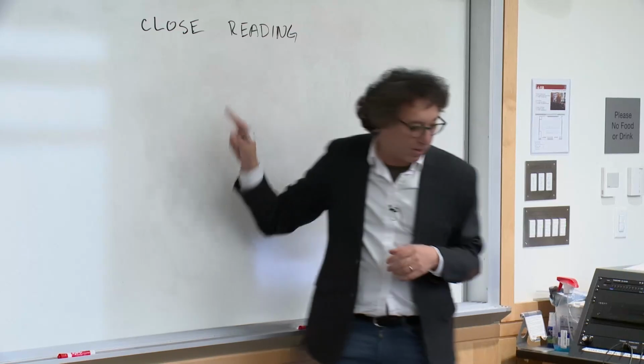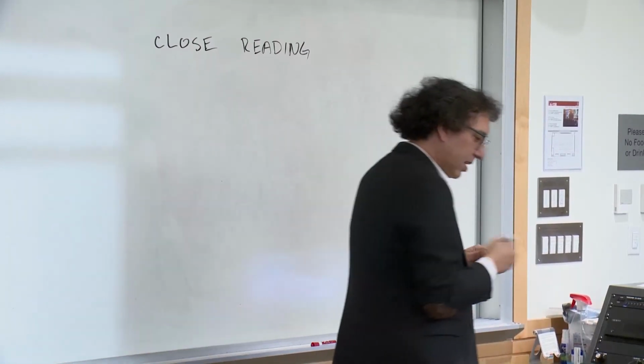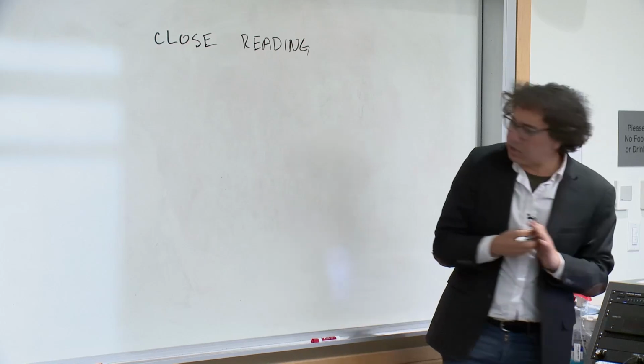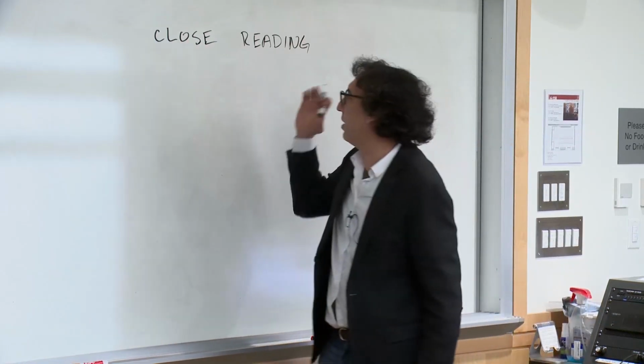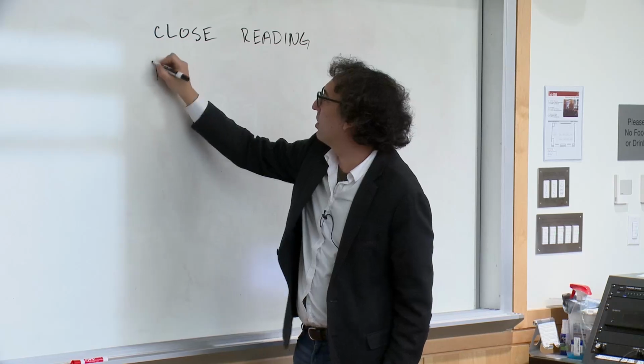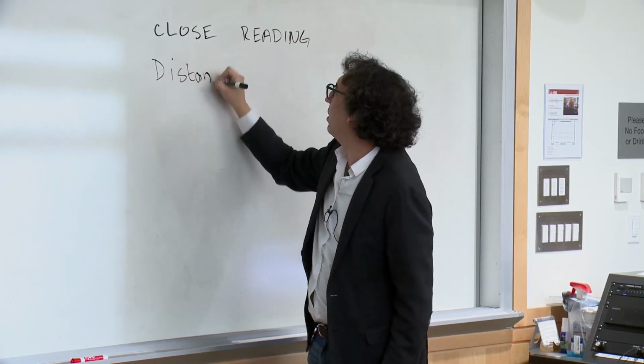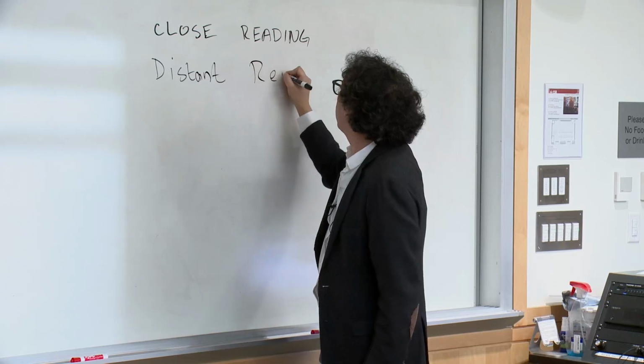So close reading is the main type of literary analysis. Starting about, it goes back to the 80s, but really in the last 20 years, there's been a movement associated with the computer called distant reading.